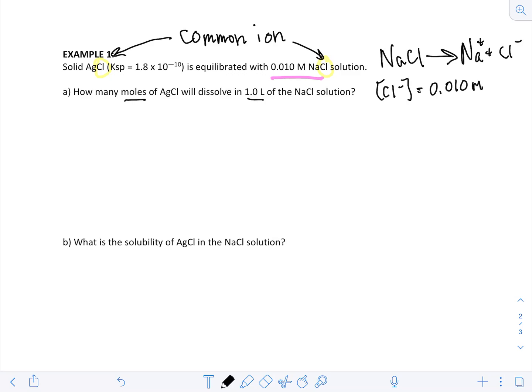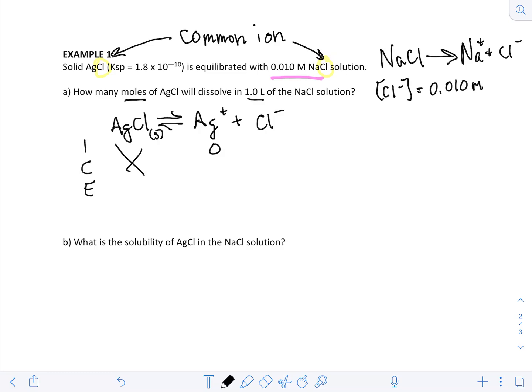Now, once again, you have to draw out the chemical dissolution of silver chloride and make sure that you get the ion charges right and the stoichiometry right. Luckily, it's 1:1. Because this is a solid, we don't care about any of the concentrations, so that doesn't factor.